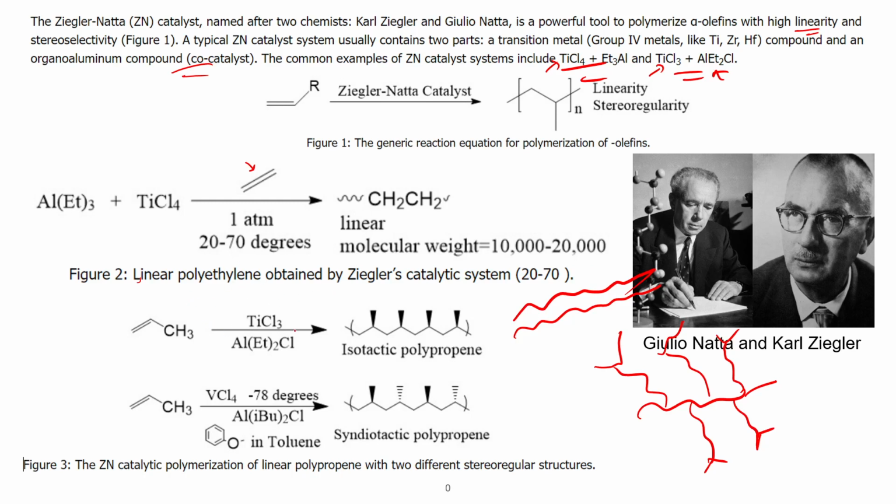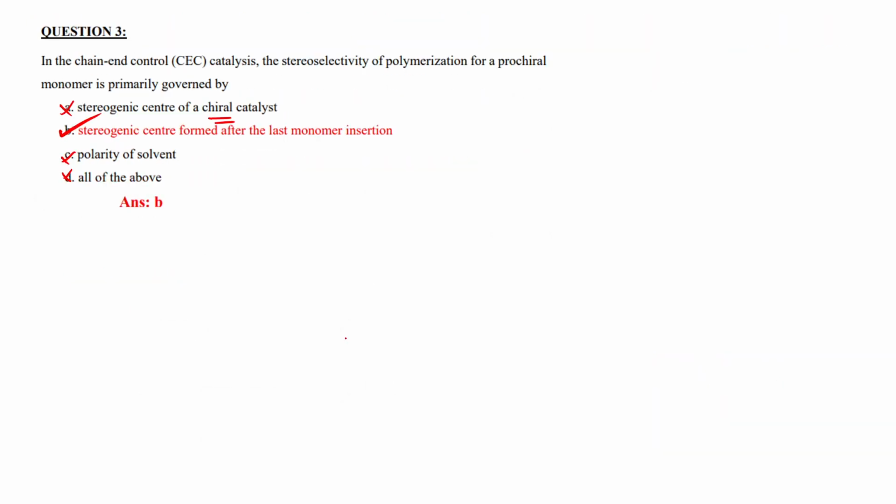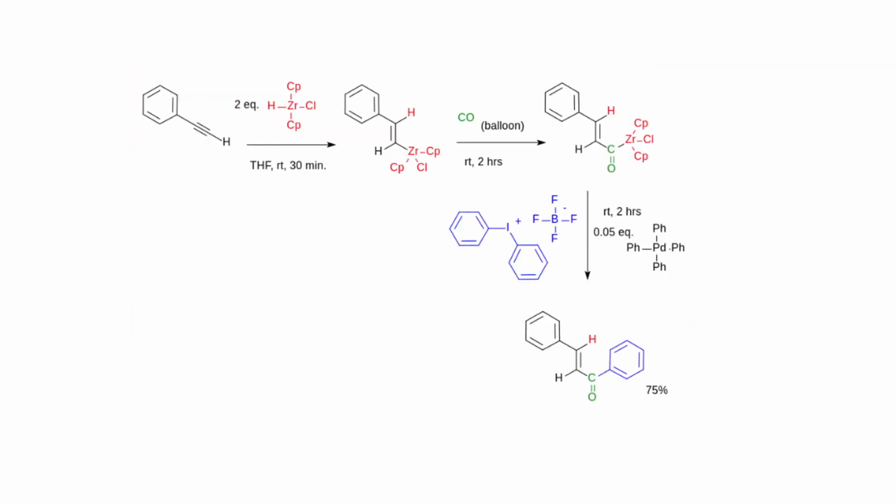So these two are examples of this propene unit, as if you use this as a monomer. There you would generate the chiral center over here. So regarding our first point, the stereogenic center is formed in the monomer insertion.